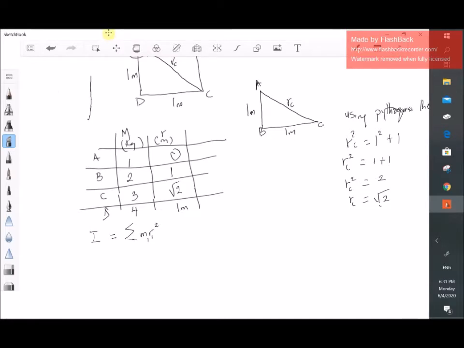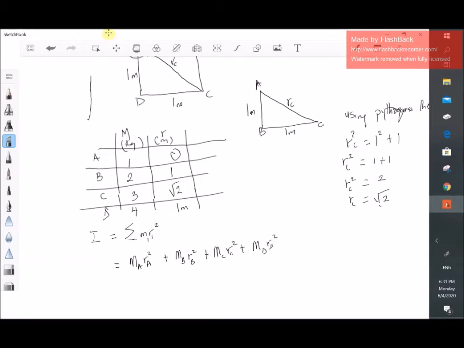This becomes mass of A times RA squared plus the mass of B times RB squared plus the mass of C times RC squared plus the mass of D times RD squared.